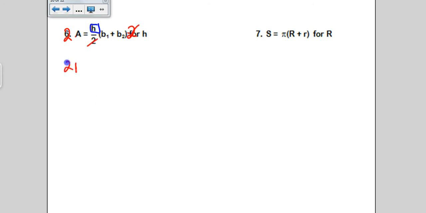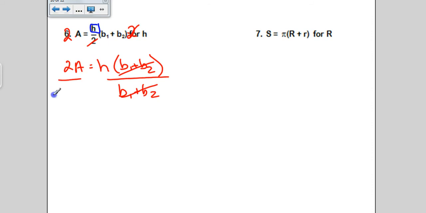So I end up with 2a equals h times the quantity b1 plus b2. And then if I want to solve for h, remember, I can just divide by b1 plus b2, kind of like those problems where we factor out the common term. I think we're done. So my height is equal to twice the area divided by b1 plus b2.